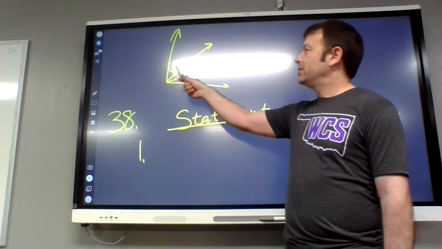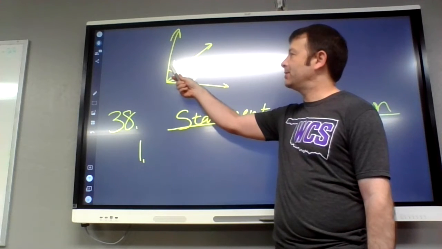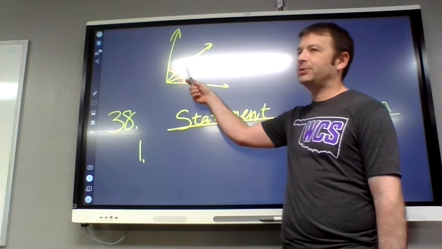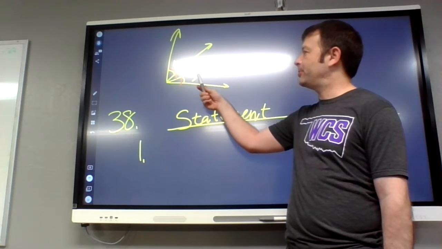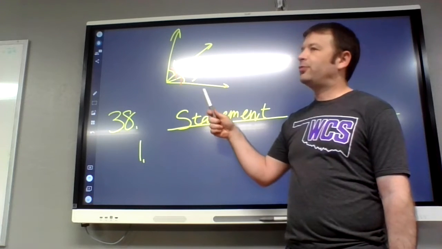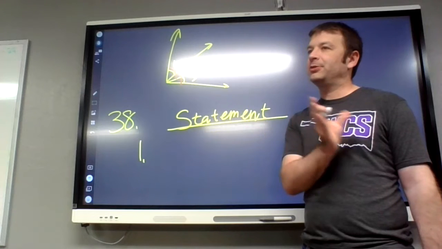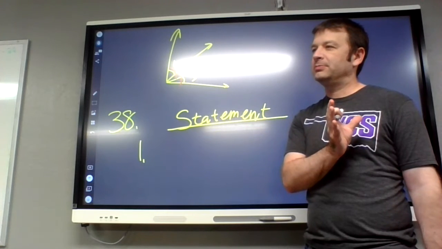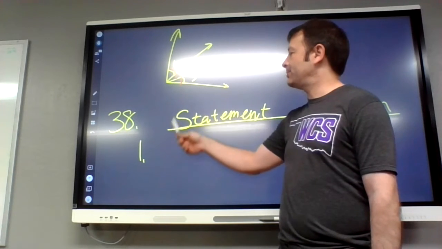Okay, this first top medium-sized angle is made up of angle 1 plus angle 2, right? This lower medium-sized angle is made up of angle 3 plus angle 2. So if 1 and 3 are the same, and you add 2 to both of them, they'll still be the same. Does that make sense? They told us 1 and 3 are the same. That was the given.